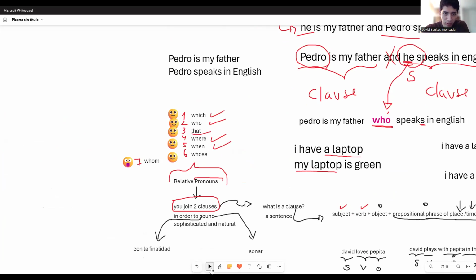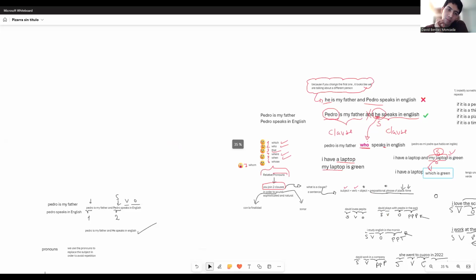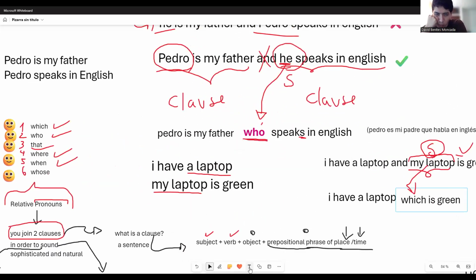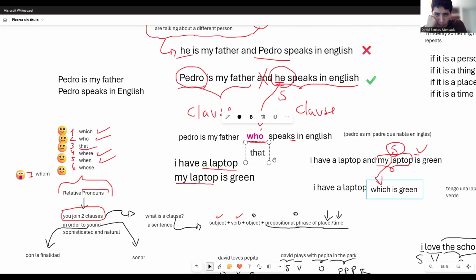So it's pretty simple, David. Look at this. Here, who is for a person, right? But you can use that if you want. Pedro is my father that speaks English. Both can be used.